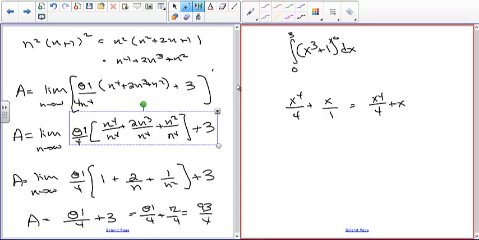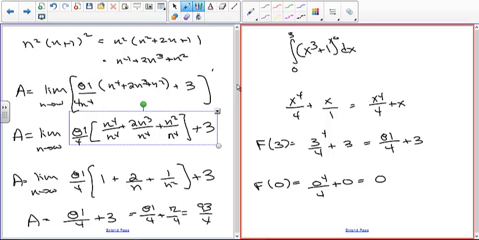If I evaluate the antiderivative at 3, I'll get 3 to the 4th over 4 plus 3. 3 to the 4th is 81, so I get 81 over 4 plus 3. If I evaluate the antiderivative at 0, I'll get 0 to the 4th over 4 plus 0, and you get 0. And so the antiderivative at 3 is 93 over 4, and the antiderivative at 0 is 0.